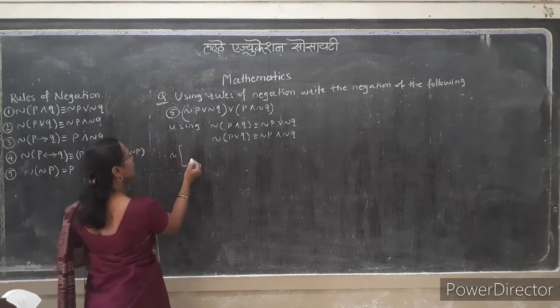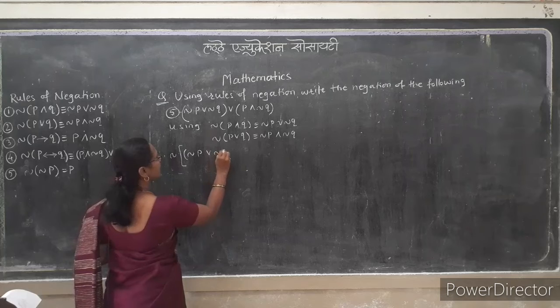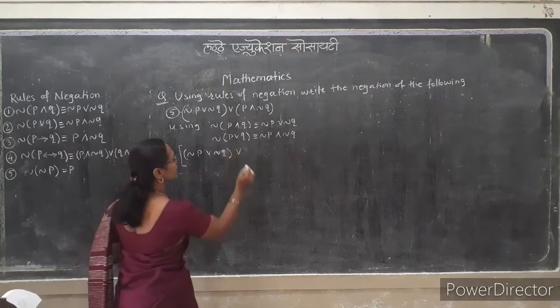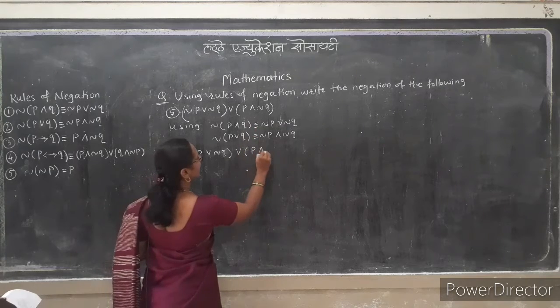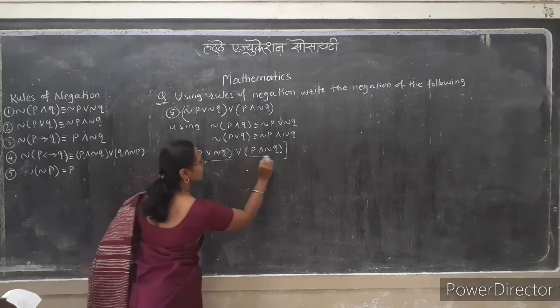Therefore, the negation of the given statement is ¬[(¬P ∨ ¬Q) ∨ (P ∧ ¬Q)]. This is our first, this is second.